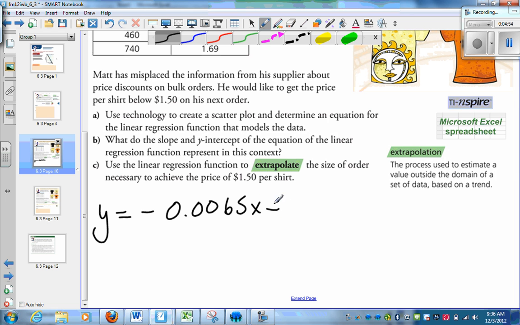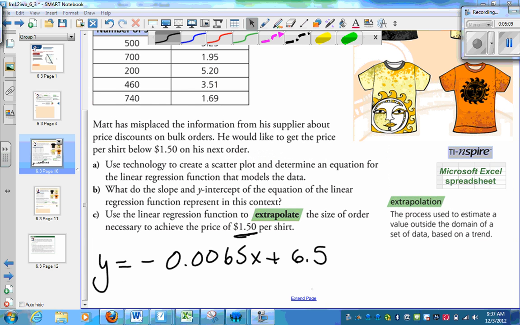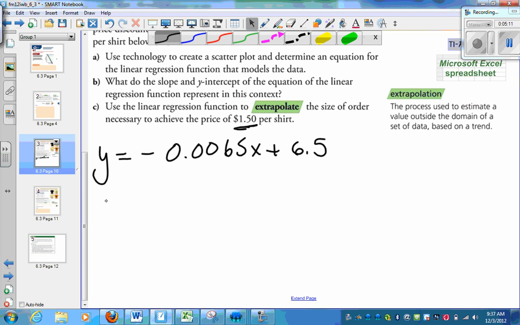What do we need to achieve the price of $1.50 per shirt? How many do we need to buy? So I put $1.50 equals negative 0.0065x plus 6.5.